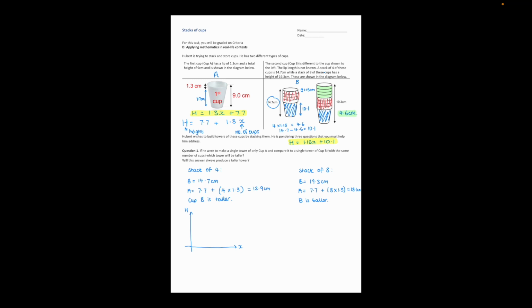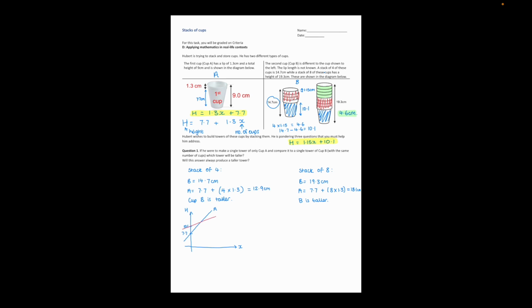So we go through 7.7, and I'm just roughly sketching this, and it's a gradient of 1.3. And this is roughly what cup A looks like. And then cup B goes through 10.1, so it goes through a little bit taller. That's the y-intercept. But it's got a gradient of 1.15, so the gradient is actually gentler.